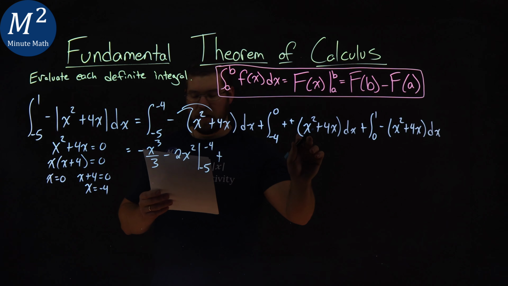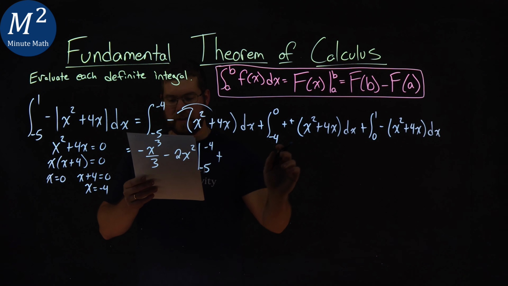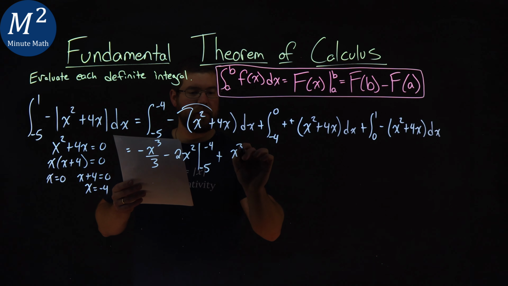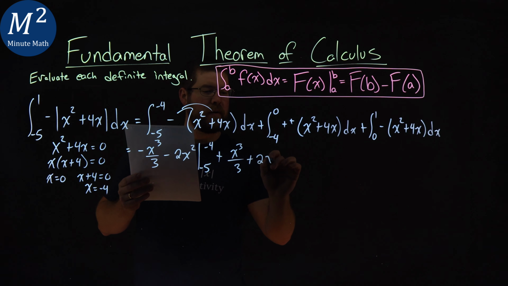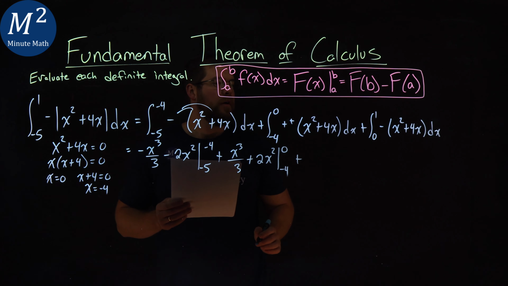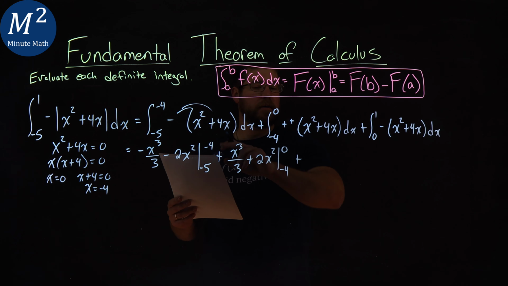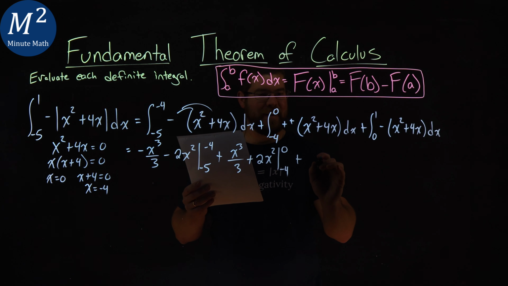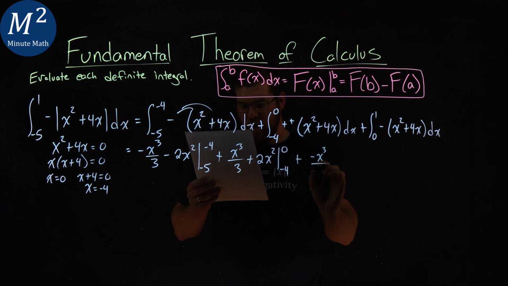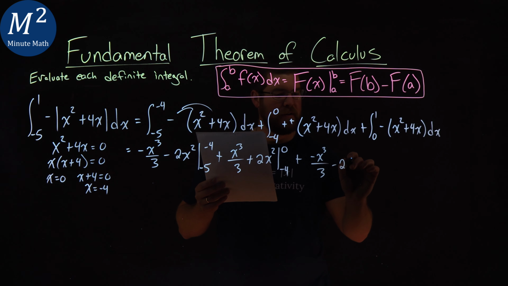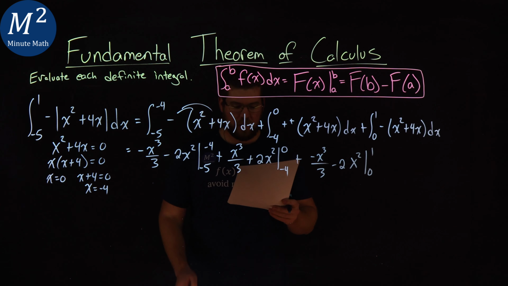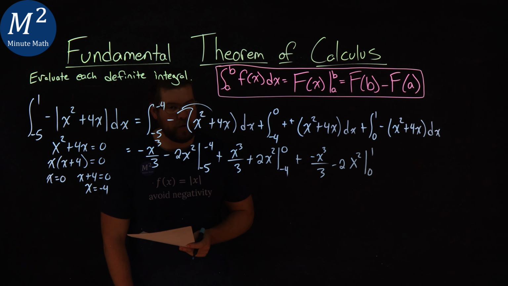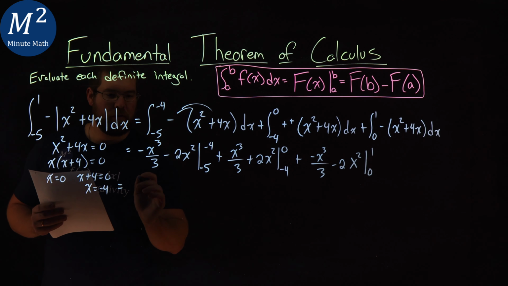Plus, same thing here, integral of x squared plus 4x is an x to the third power over 3 plus a 2x squared, integrating this from negative 4 to 0. Plus, same as before here, we have a negative x to the third over 3 minus a 2x squared, and we're doing this from 0 to 1. Okay, a lot of work here, so keep everything lined up.